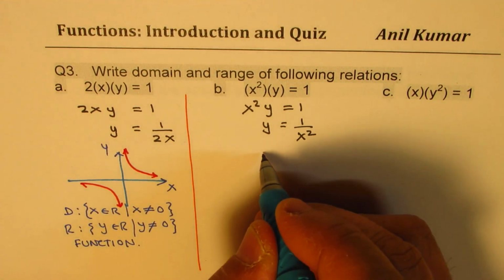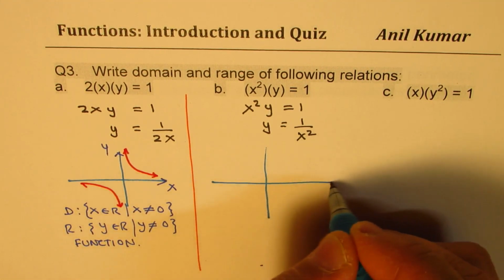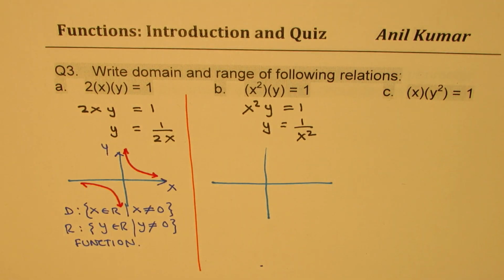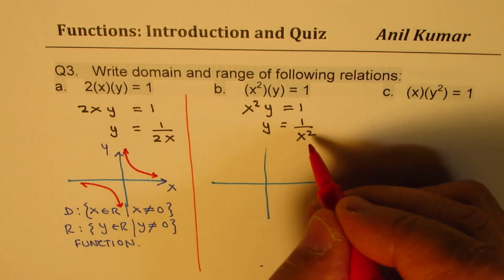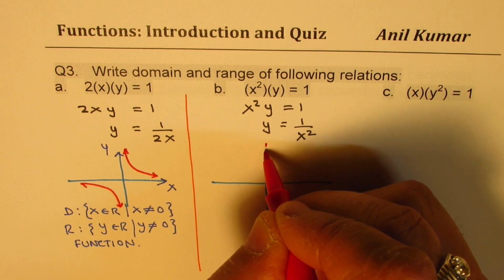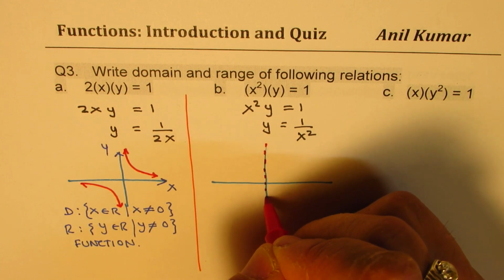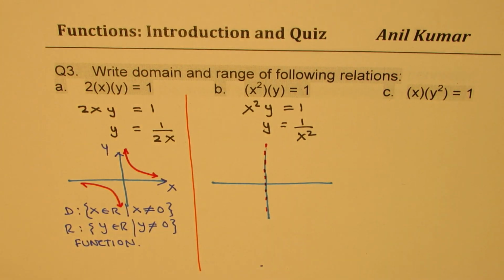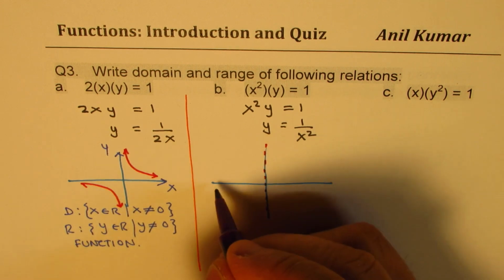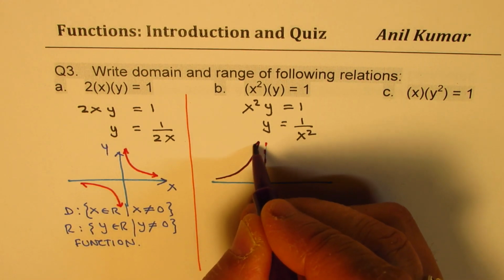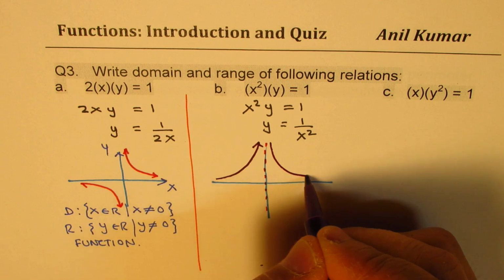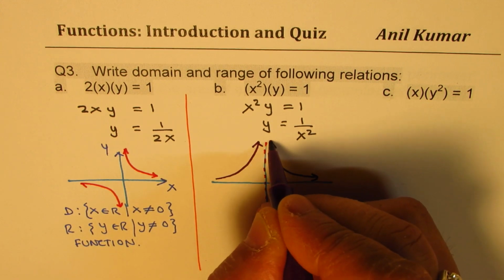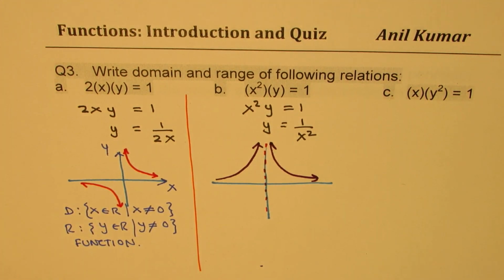If you take a few points and try to sketch this, or check it on your graphing calculator, you will see that x cannot be 0, right? So x cannot be 0. So this is out of bound. But this is always positive, right? And when you sketch, you'll find it kind of like this. We are not getting into details with values, but trying to understand the concept. Now that is the graph.